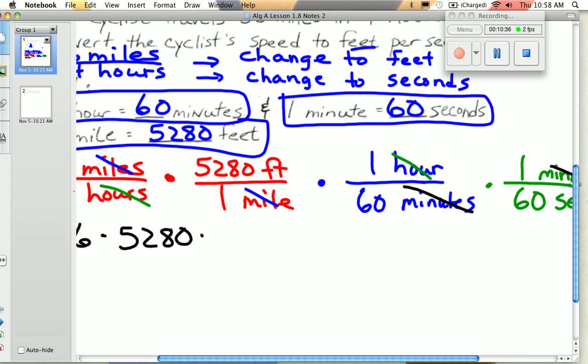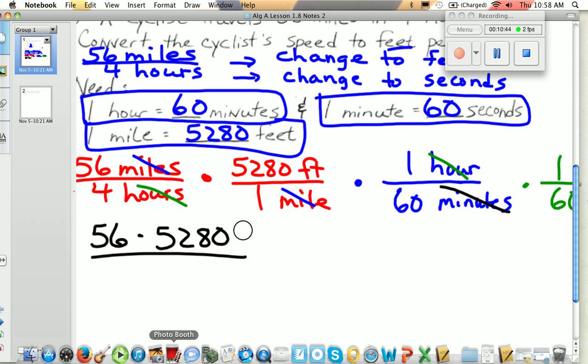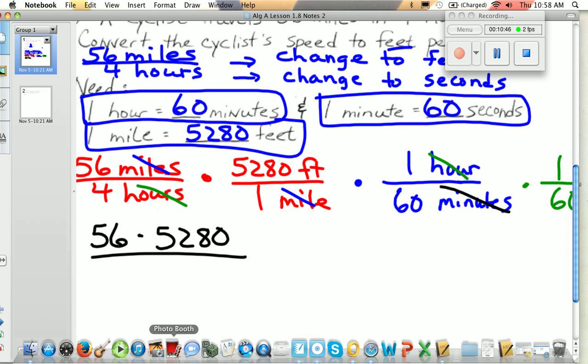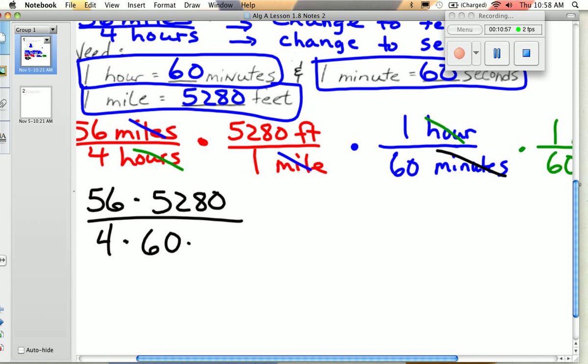Does it change it? No, so we don't really have to show the multiplying by 1s. So we have 56 times 5,280 upstairs. And what do we have to multiply downstairs? We have a 4 times 60 times another 60.